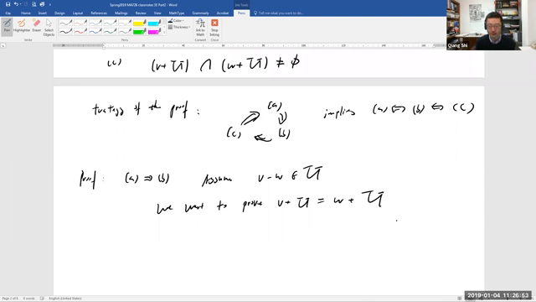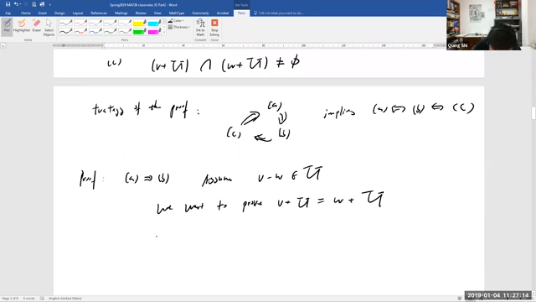That's the first thing to keep in mind. And then also, to show one side is a subset, you take a generic element from the left-hand side, and show that it is also in the right-hand side, and then vice versa. So that's our strategy in order to prove these two sides equal to each other.